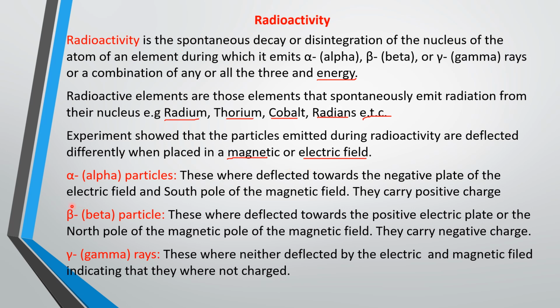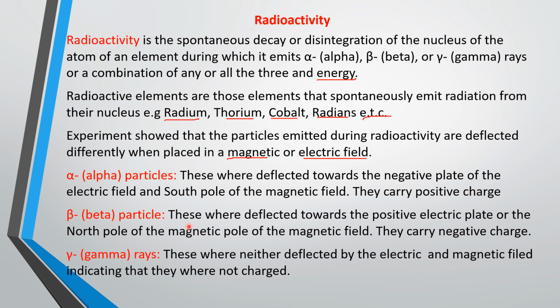So we have the alpha particles, as we have said. When they are passed through magnetic or electric fields, the alpha particles are deflected towards the negative plate of an electric field and towards the south pole of a magnetic field. And because negative charges attract positive charges, the alpha particles are positively charged.